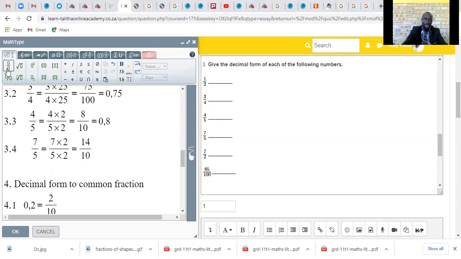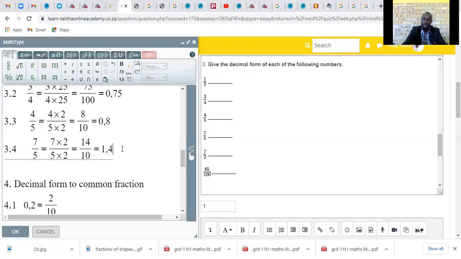Since we have only one 0 here, that means there will only be one number after the decimal point. So that one number is going to be 4 in this case, after the decimal point. And all the other numbers will come before the decimal point, and that number in this case is 1. And so this forms the solution to question 3.4.